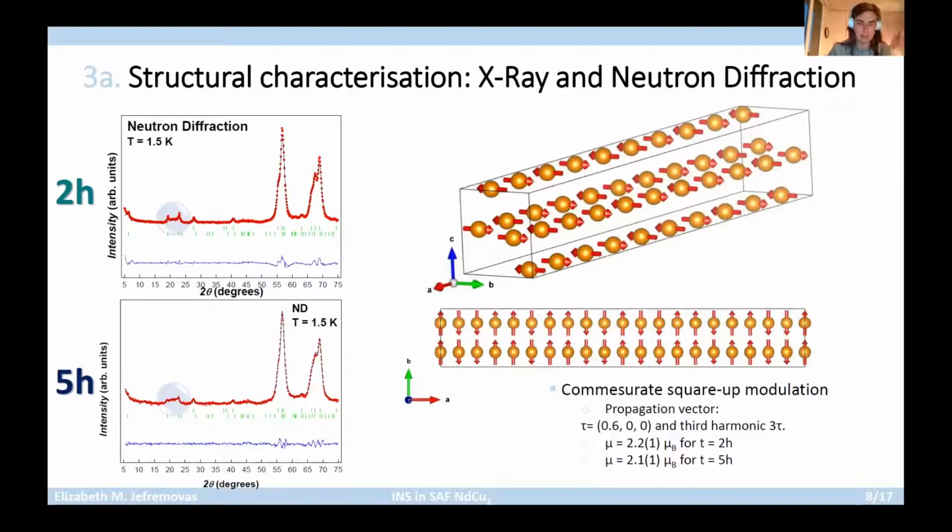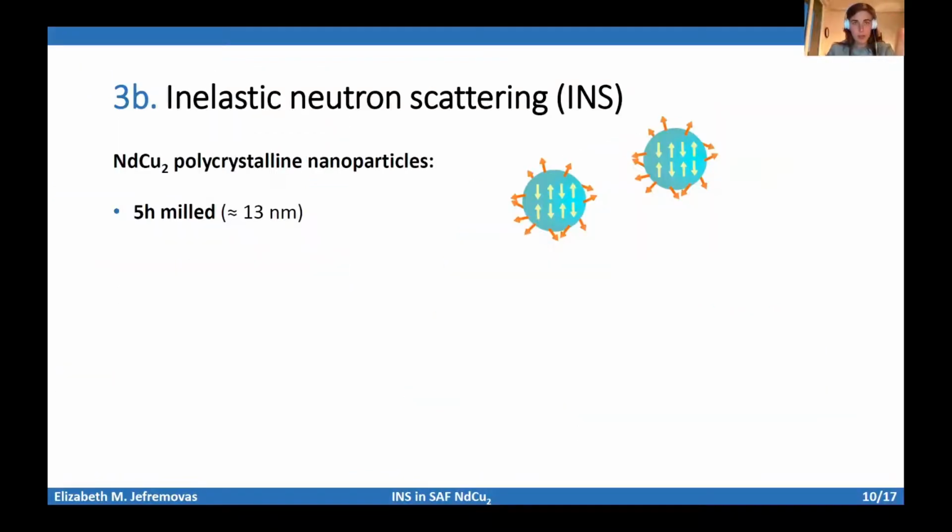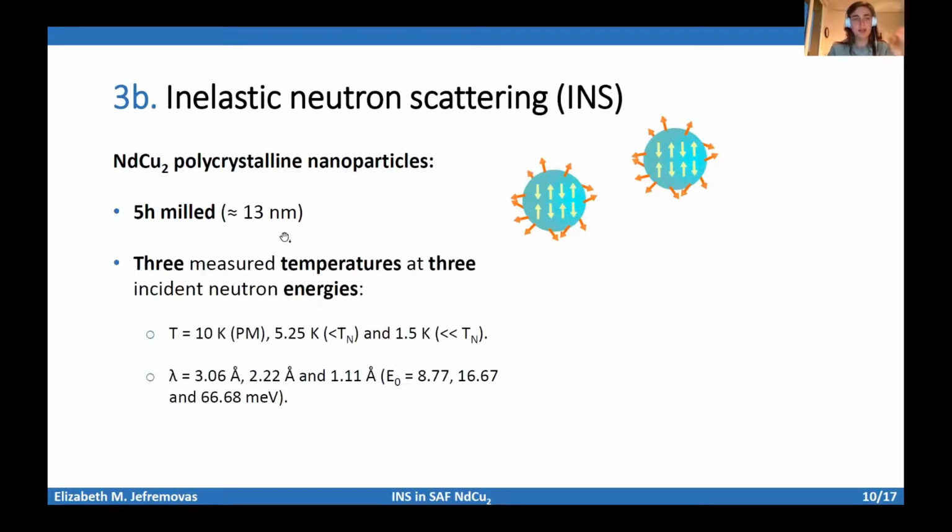But now we decided to go one step beyond and study the energy excitations in the nanoparticles. We only had enough beam time to measure the 5-hour milled nanoparticle, the smallest ones, and we decided to go through three temperatures and three different incident neutron energies to have a complete chart of the excitations.